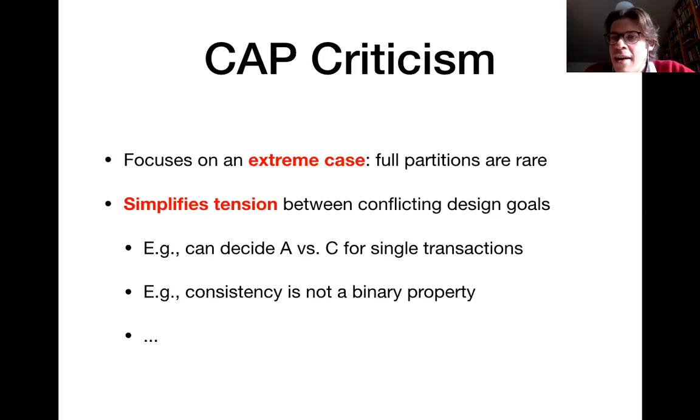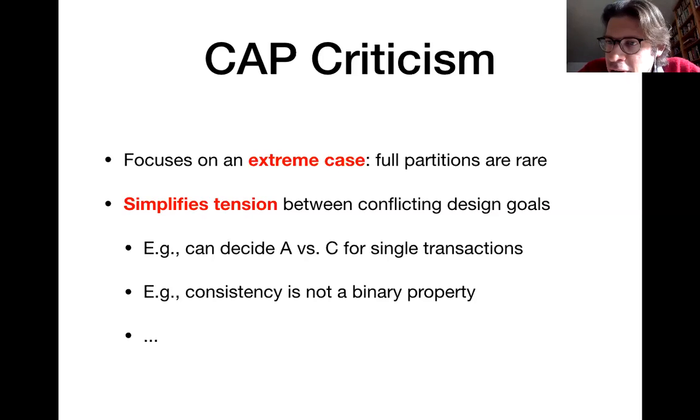For instance, you don't have to decide in general which of the two, availability or consistency, is more important. You could decide that for each single transaction or for each single user. So this is more flexible than what it sounds like in the CAP theorem.